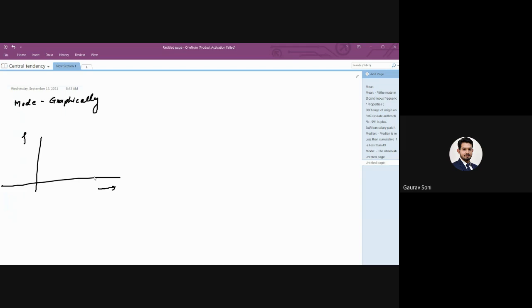But now if you have class intervals given to you and you have frequencies, then this formula changes a bit. If you remember, it was L plus (Fm minus F1) upon (2Fm minus F1 minus F2), in bracket, times h.